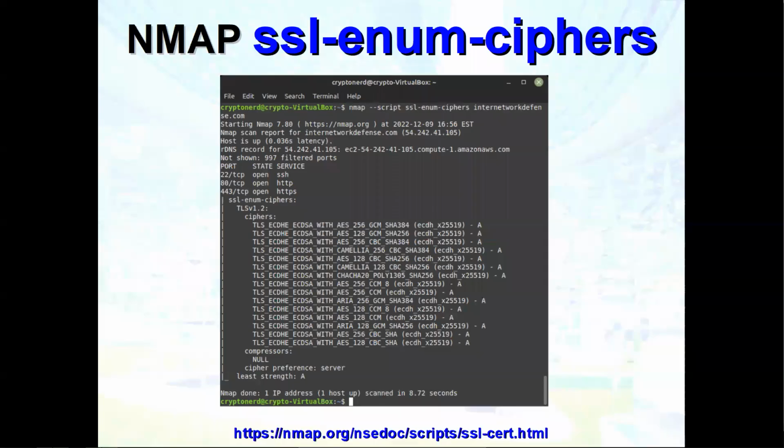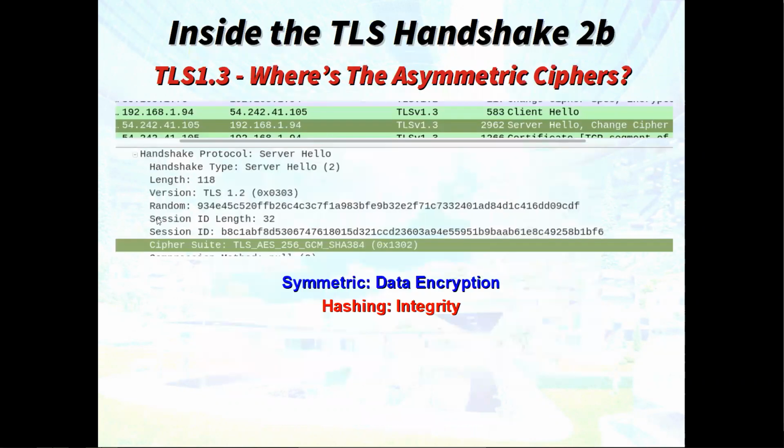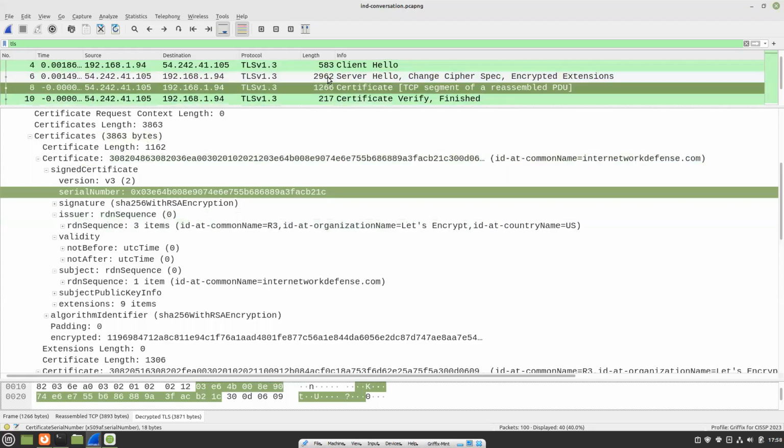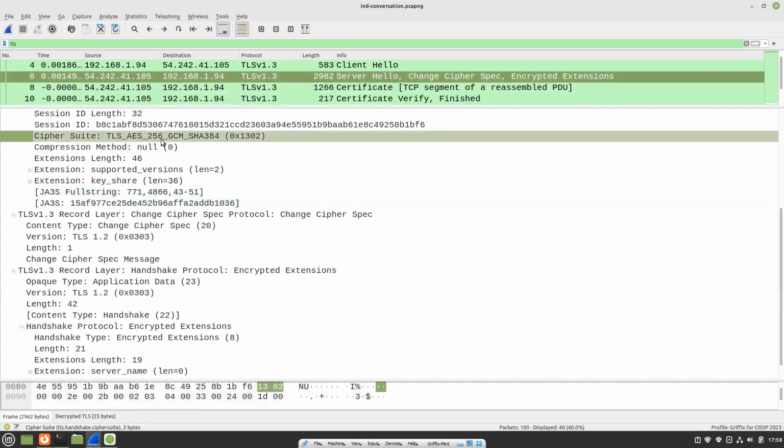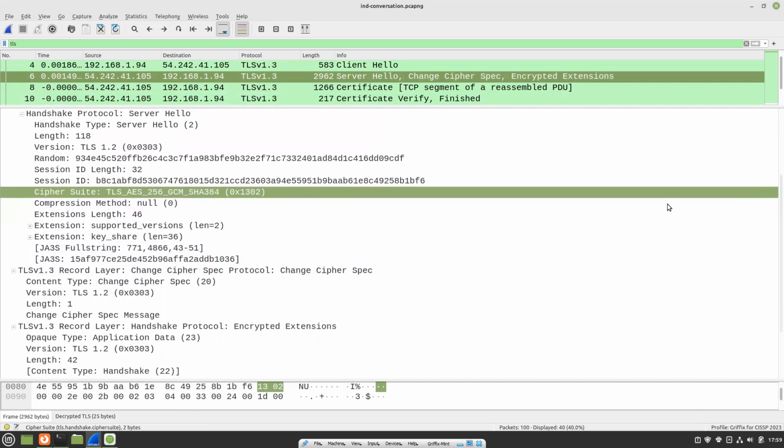All right, a couple other things, though. The SSL cert script does give me more stuff, and I encourage you to play with it. Those are our two goals for this video. But when Wireshark chose a TLS server hello in 1.3, it didn't show me the asymmetric ciphers. Man, this is frustrating.